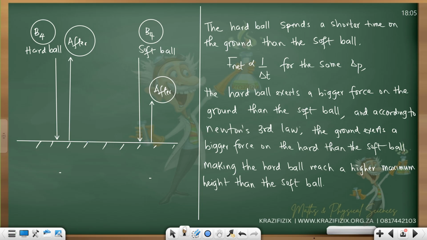So I just used the same explanation here. We have a hard ball and a soft ball. A hard ball, because it's hard, it hits the ground, boom, and goes up quickly. Shorter time, so it bounces higher. A soft ball will boom on the ground. That is longer time.